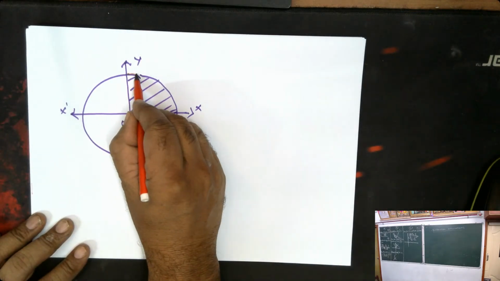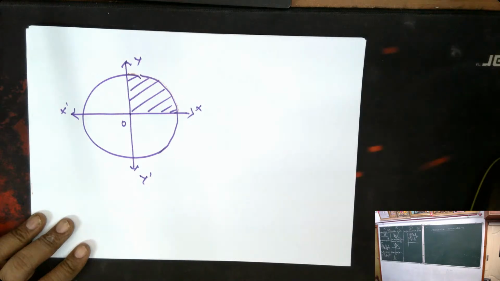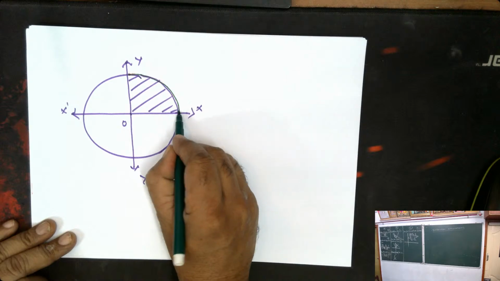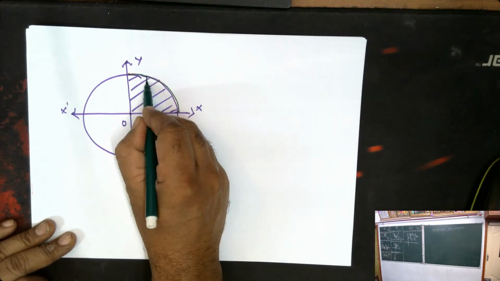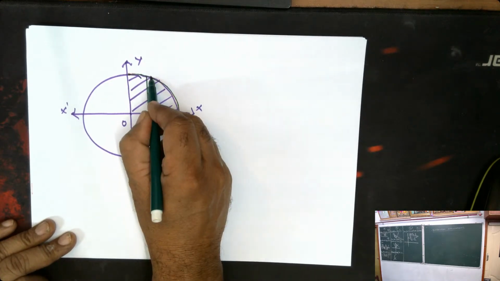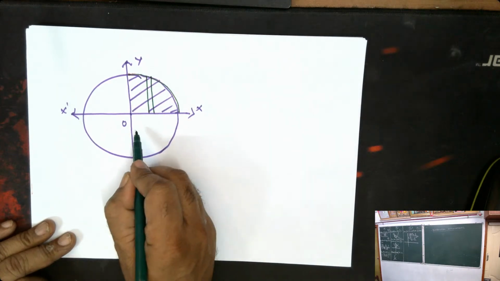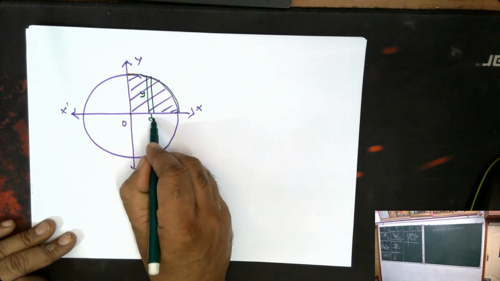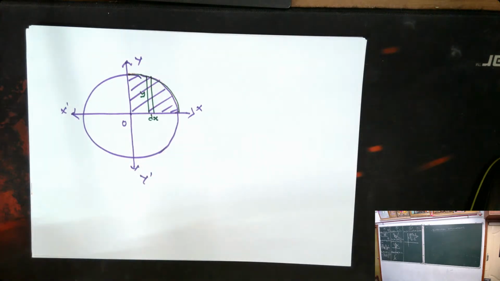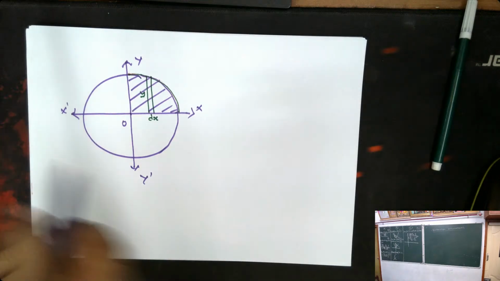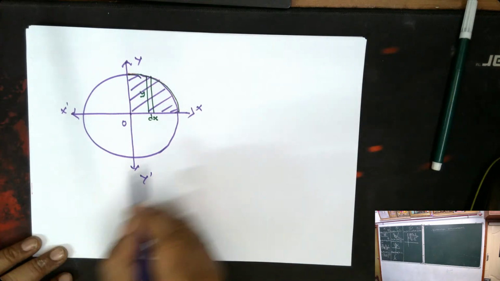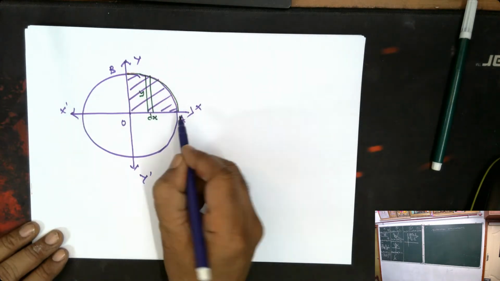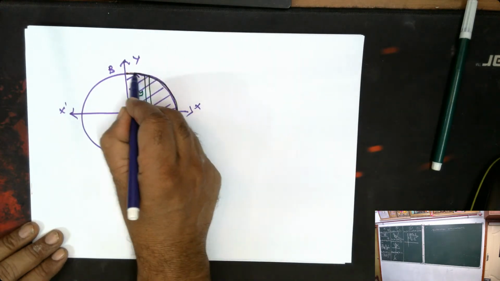So the area under this curve means, now let us consider the smallest rectangle with y as the length and dx, infinitesimally small difference in the x, that is dx. And let me consider this is A and this is B. So we have considered this curve.